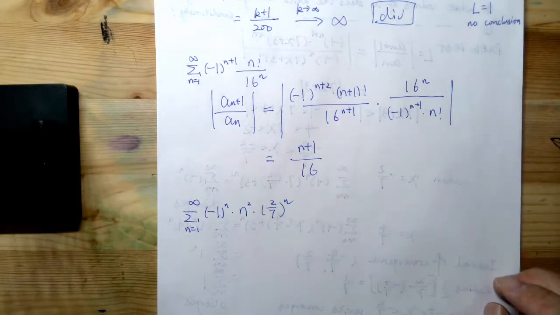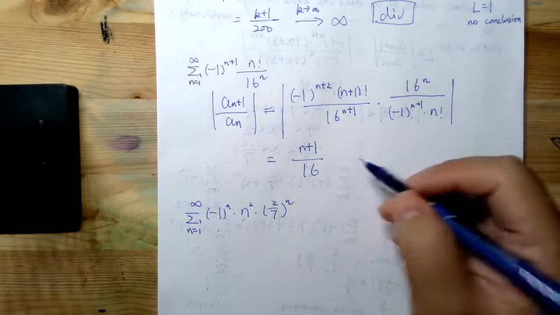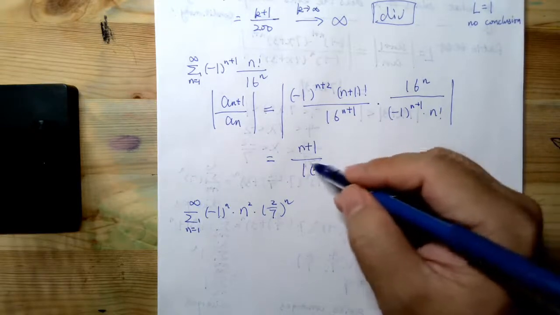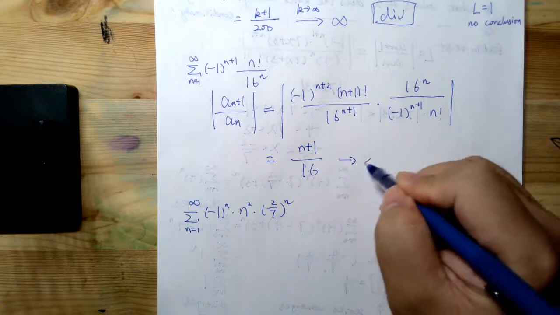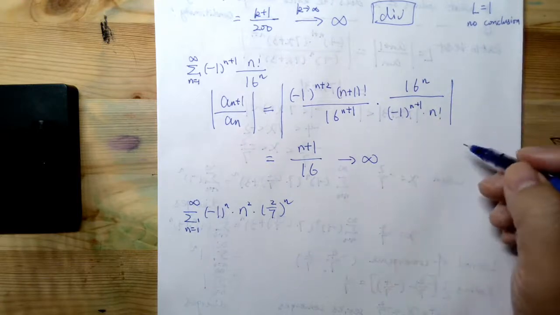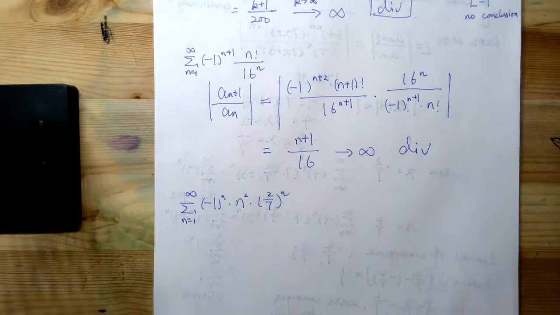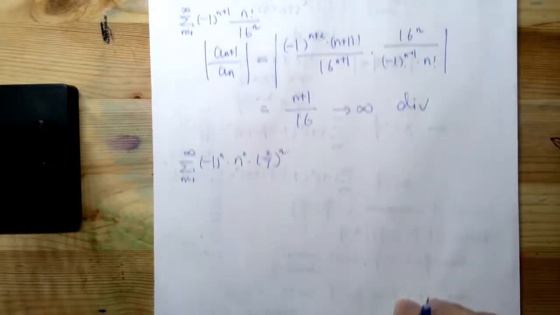As n goes to infinity, this limit goes to infinity, so easily we can see that this diverges.